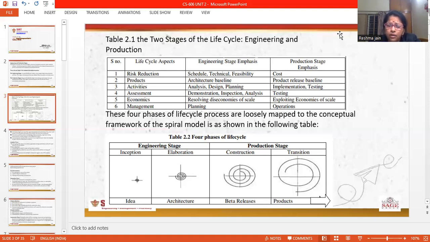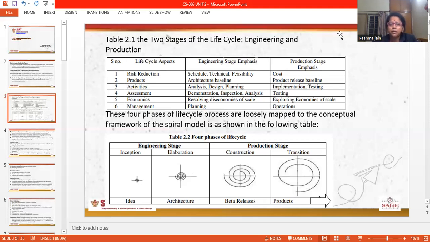Products in the engineering stage are the architecture baseline, and in the production stage, the product release baseline. Activities such as analysis, designing, and planning are under the engineering stage, and testing is done in the production stage.